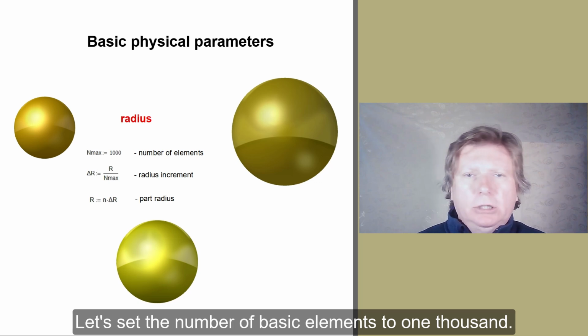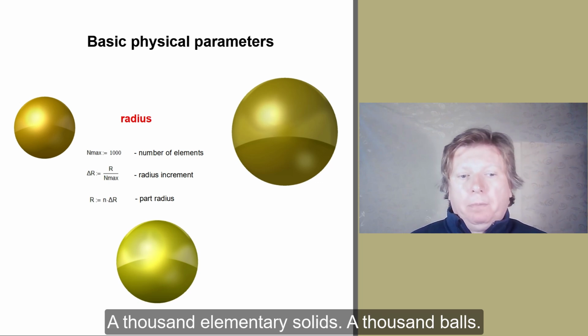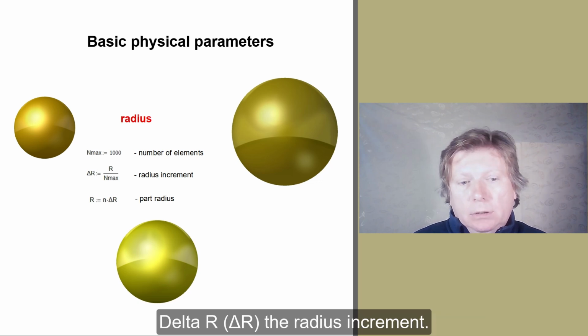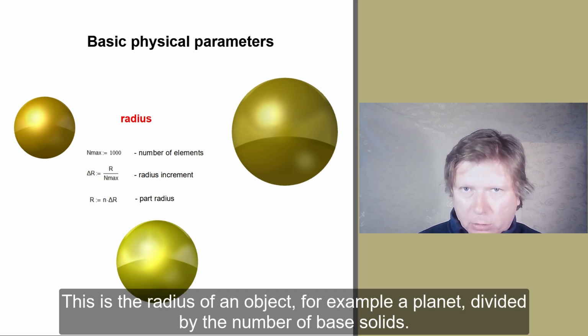Let's set the number of basic elements to 1,000. 1,000 elementary solids. 1,000 balls. Delta R, the radius increment. This second formula, here, is the radius of an object, for example a planet, divided by the number of base solids.